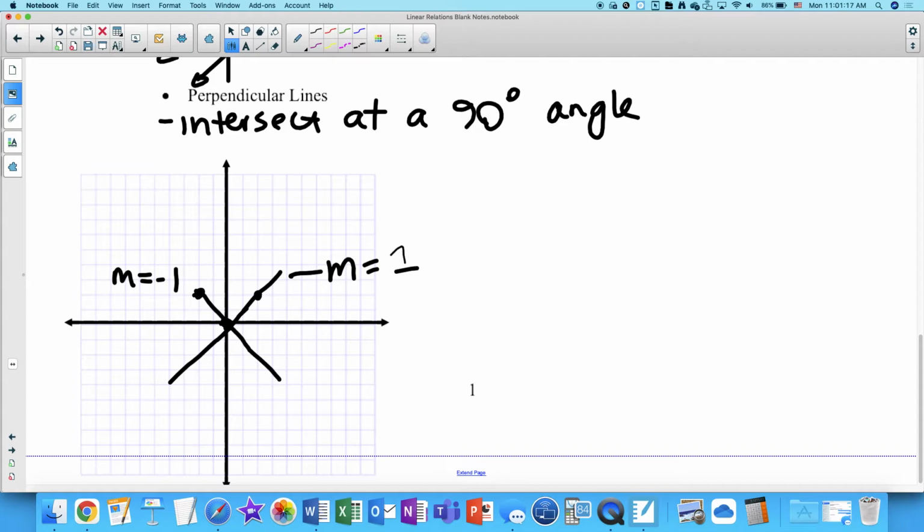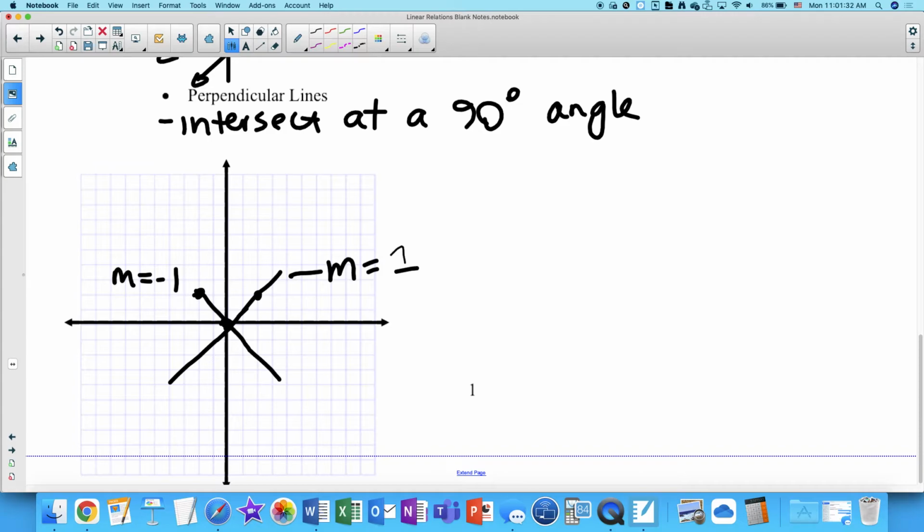Now we may also think that they have the same magnitude. That could be a theory, but we have to check that a little bit more.